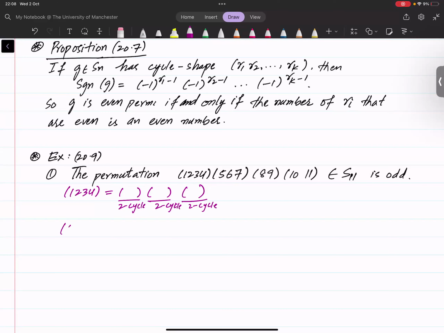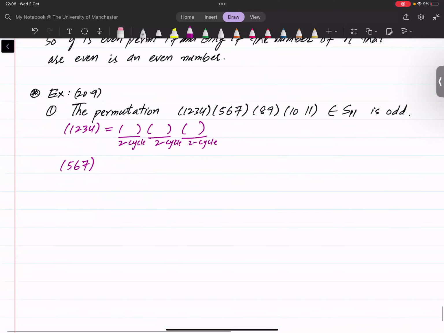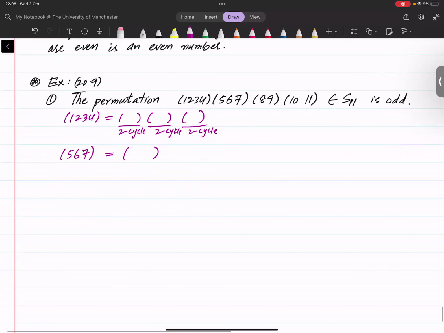And similarly, you can always break a 3-cycle into the product of 2 two-cycles. And then we have two-cycles. So we can write this in 3, this in 2, that is 5. And then we have (8, 9), which is 6, and then (10, 11), which is 7. So if you multiply -1 seven times, you will get -1. So that means that the sign of this permutation is odd.